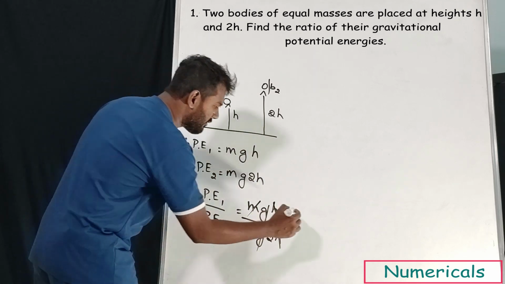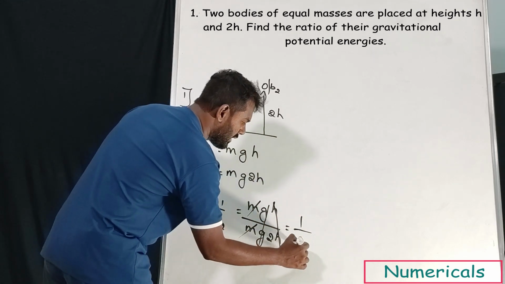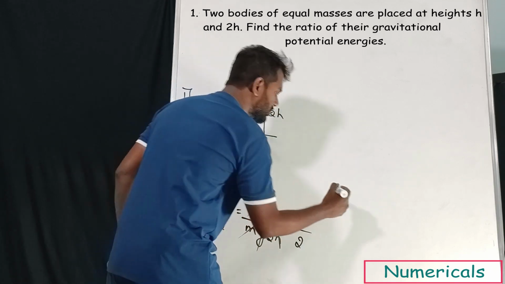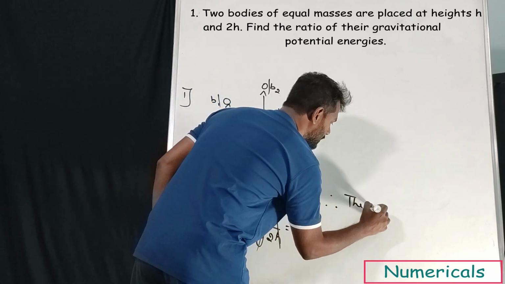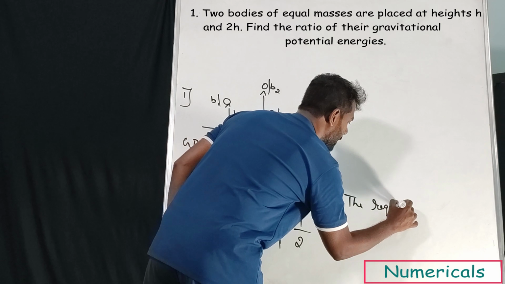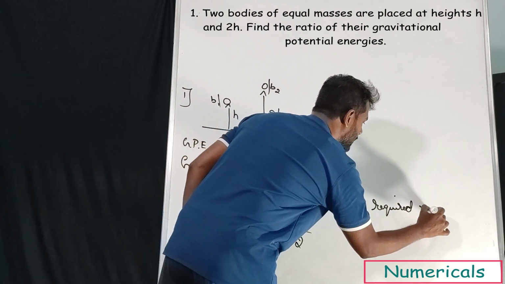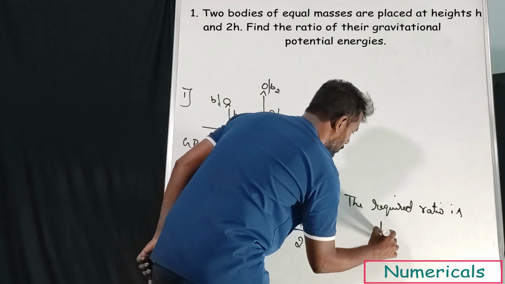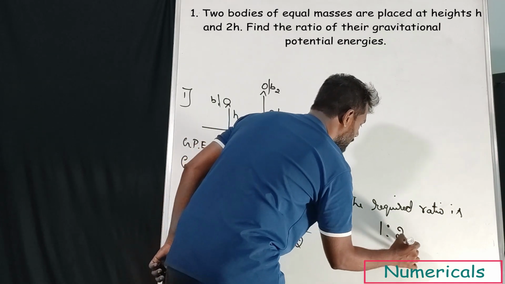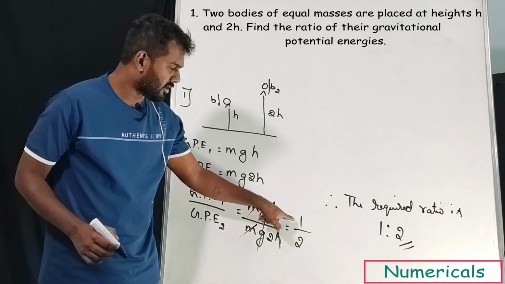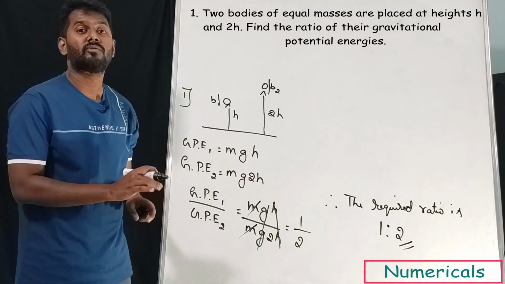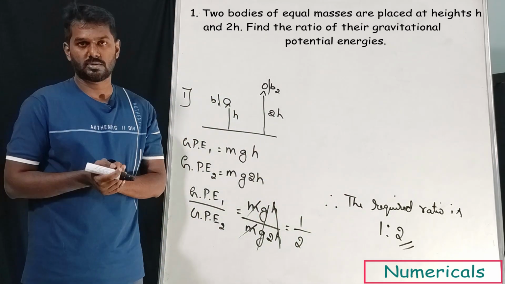After cancelling everything we have remained with 1 in the numerator and 2 in the denominator. Therefore the required ratio is 1:2. See, I have written whatever is there in the numerator first, then the denominator. This is how we will calculate the ratios.